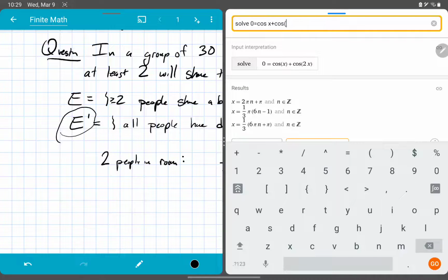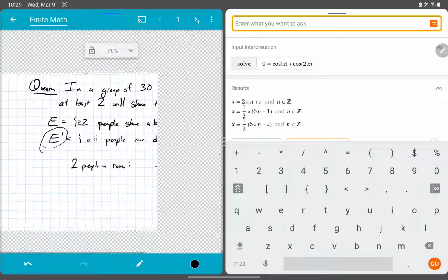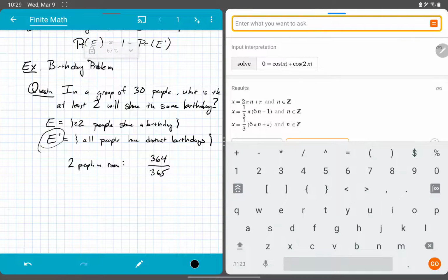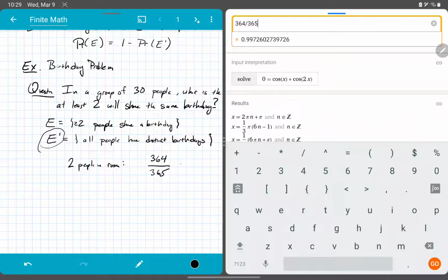Okay, so let's calculate this. 364 divided by 365. Okay, so this is 99.7%, or for probability, of course, it's 0.997.